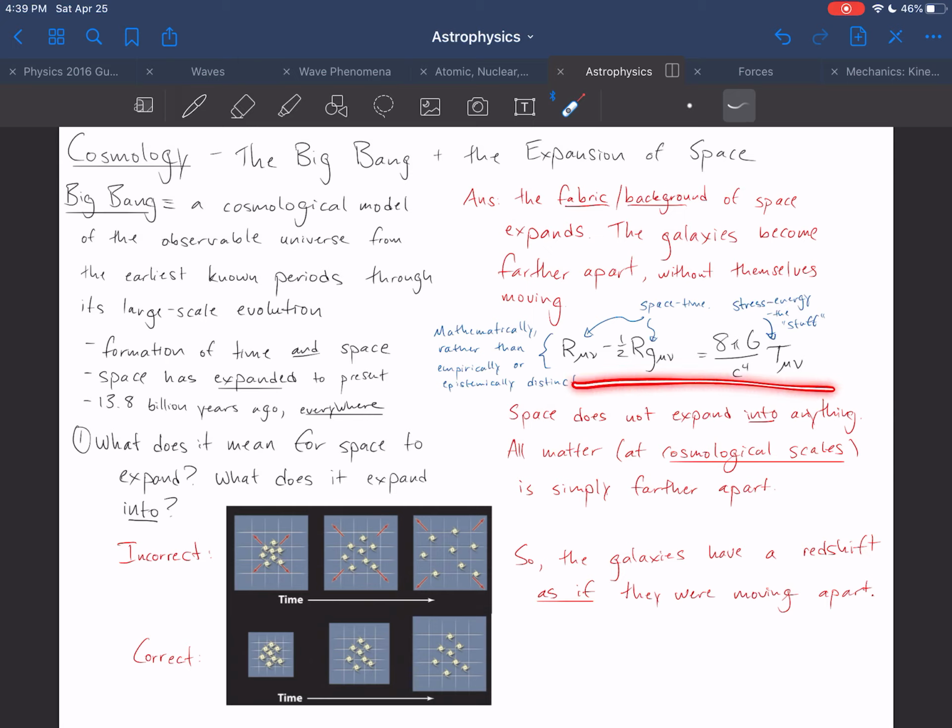In Einstein's field equation, which you'll not be asked to use, in part because it uses tensors, which is beyond us, there is a very clear difference between the space-time terms over here and the stress-energy tensor over here. This is the stuff. And as we've discussed before in mentioning general relativity, mass energy bends space-time, and then space-time influences how mass and energy respond to it.